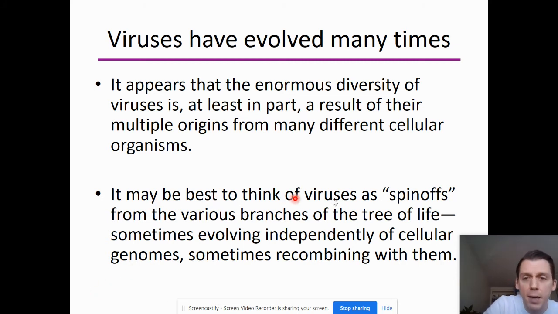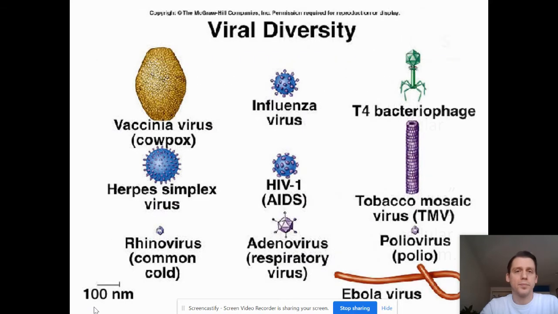It may be best to think about viruses as spin-offs from the various branches of the tree of life. So it could be that perhaps viruses that infect mammals are spin-offs from some early mammal. Viruses that affect plants then would have maybe been spun off from a plant or a plant-like protist. So there are a number of hypotheses for how these viruses emerged.